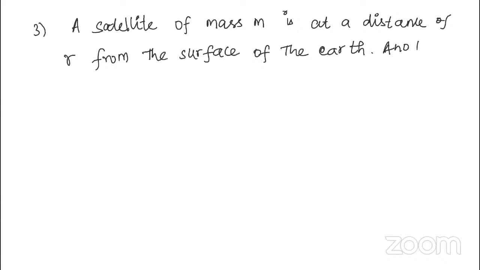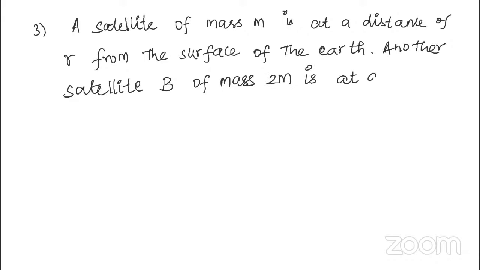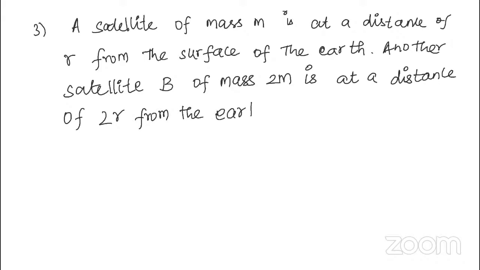Another satellite B of mass 2m is at a distance of 2r from the earth's surface, earth's center.